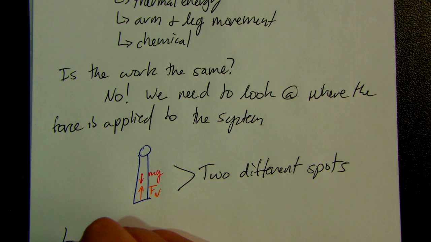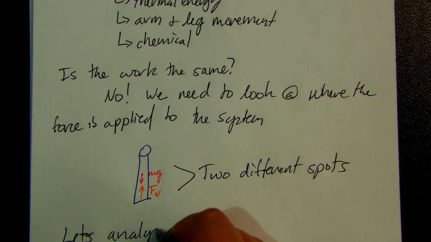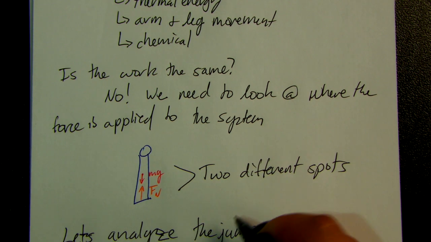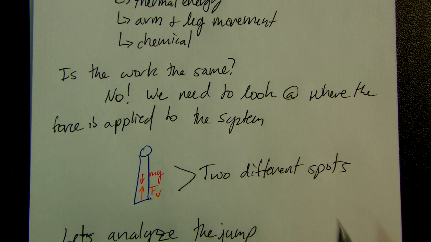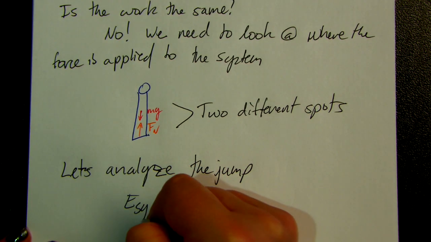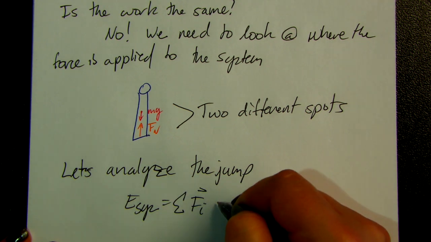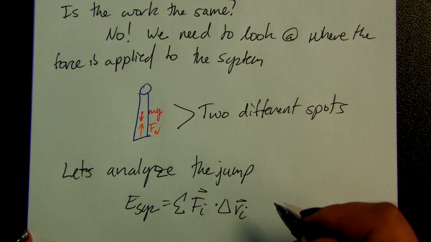All right, let's analyze the jump. Okay, so using the extended system, we have the energy of the system is equal to the sum of all the forces dotted with all their little displacements.